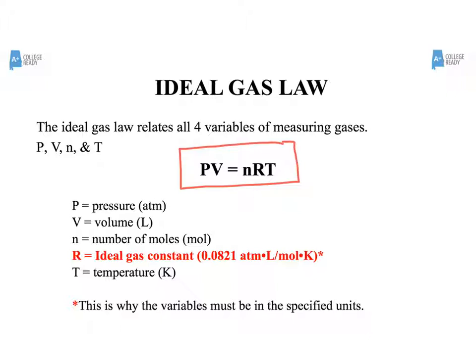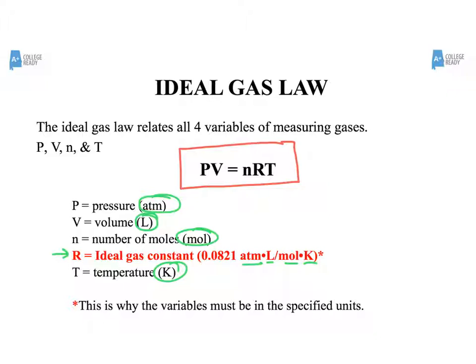The reason for those things is because of this constant, which is called R, the ideal gas constant. The ideal gas constant gives you the mathematical relationship between the four variables, and it is given in liters, atm, moles, and Kelvin, which is why these units must be used.